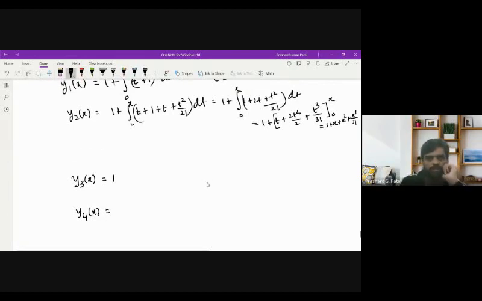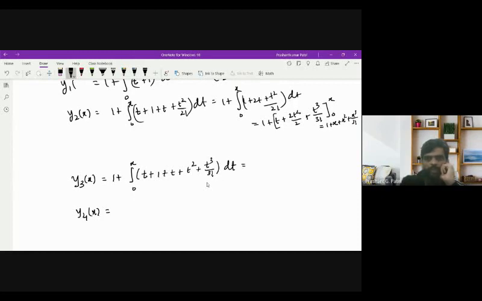So as per this, it is 1 + ∫ from 0 to x of (t + y2(t)) dt, that is the integral of 1 + 2t + t square + t cube by 3 factorial dt.